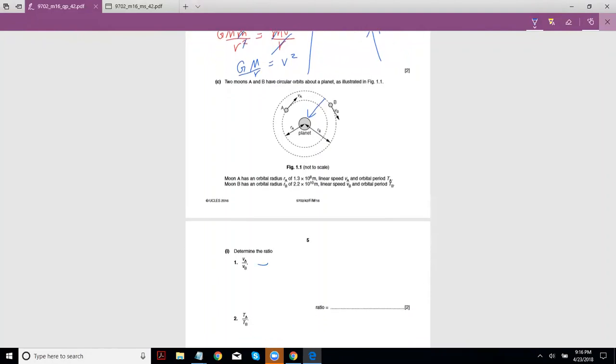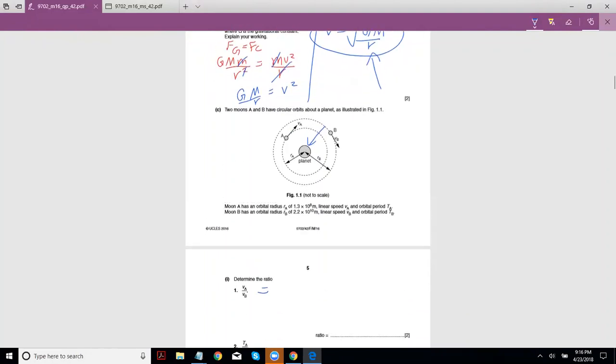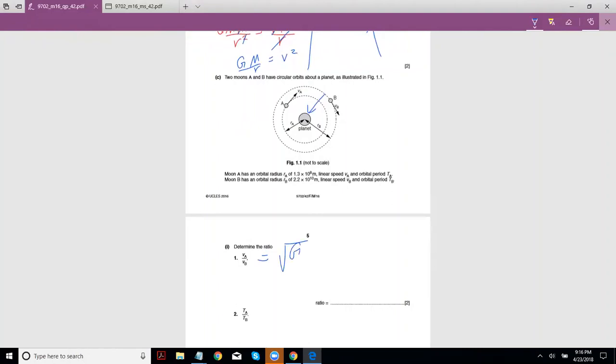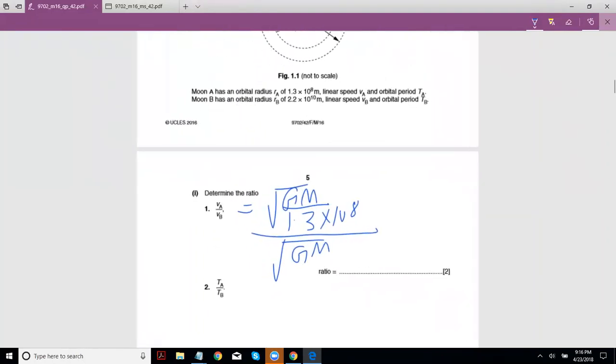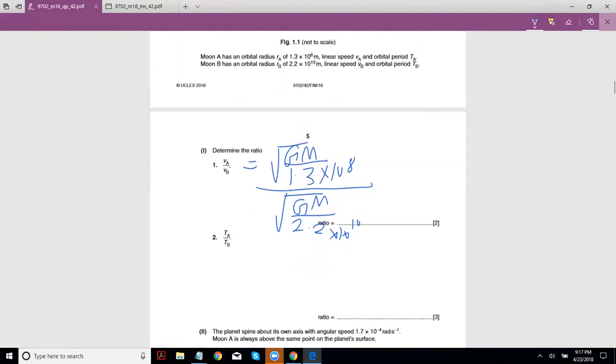So basically you'll be writing root of GM over the radius of A, which is 1.3 into 10 to the power 8, and you do the same thing for B, 2.2 into 10 to the power 10, and then you just simplify. सही है. The whole root हो जाएगा, but GM कट जाएगा, and you just pop it into the calculator.